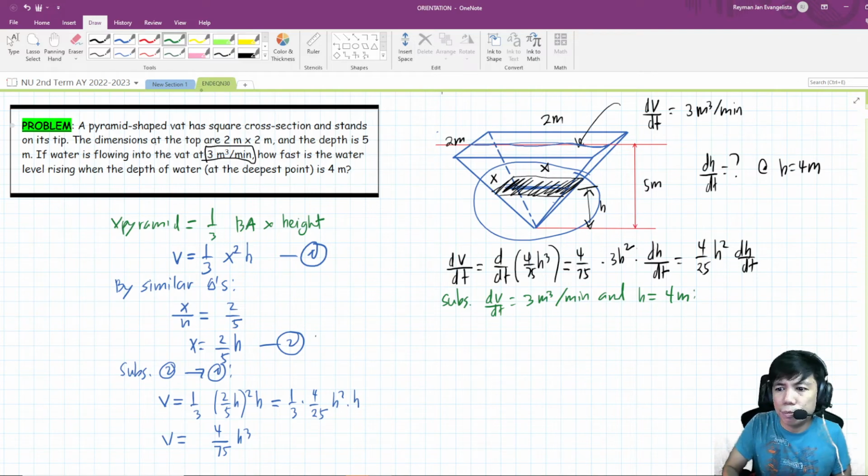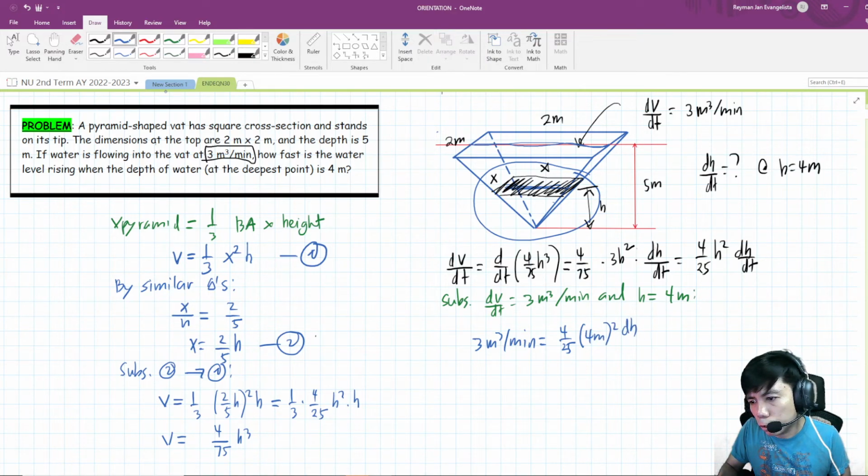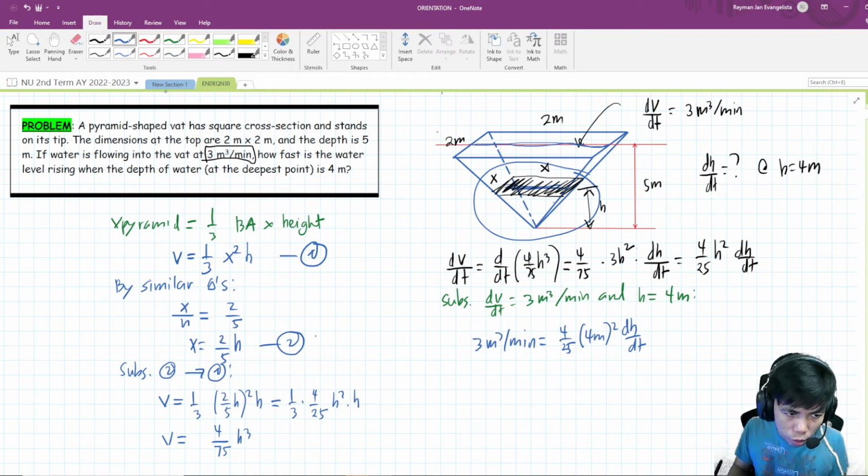So, dV/dt, meron tayong 3 cubic meters per minute, equal to 4 over 25, 4 meters squared na, then dh/dt. Naka-meter yan squared to cubic, cancel guys yung square meter. Sa left side, ang matitira is meter na lang dito.